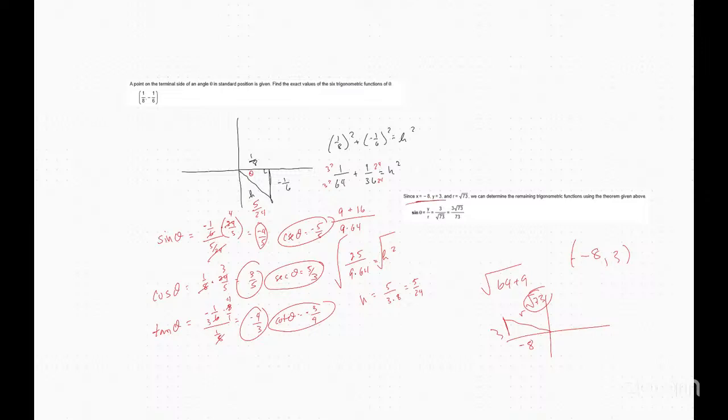Yeah. Well, this screenshot, the second one, is a different question. I was just trying to show what the problem I was having was, and I wanted to clarify. Yeah, this one we have right here, you don't have any radicals. It makes it a lot easier. For this, if they gave you this problem right here, it's -8 comma 3, then your radius or hypotenuse is going to be square root of 73. So then the sine would be the opposite over the hypotenuse.